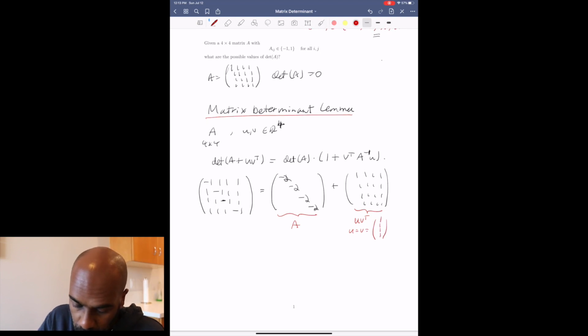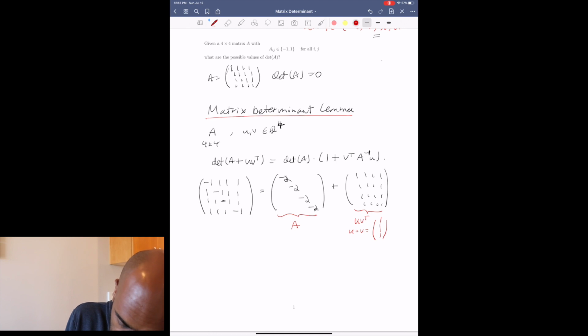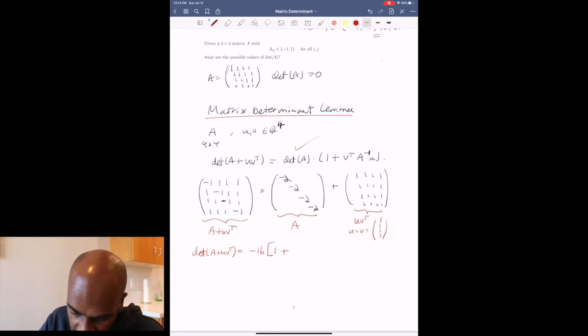All right, so what that means is that this thing here is A plus uv transpose, and so the determinant of A plus uv transpose is, according to the matrix determinant lemma, the determinant of A, which is negative 16, times 1 plus the scalar v transpose A inverse u.